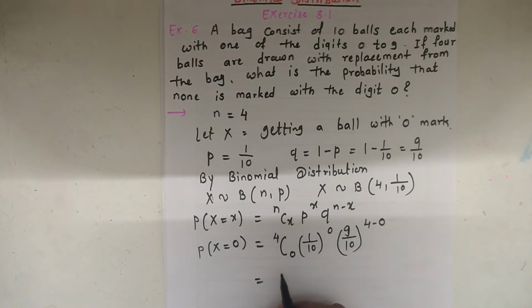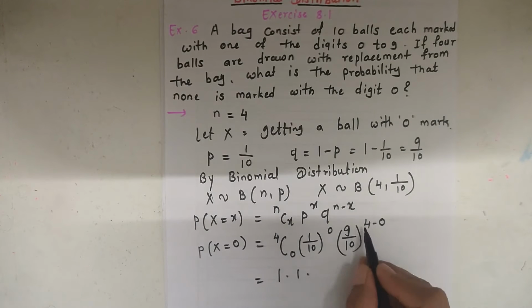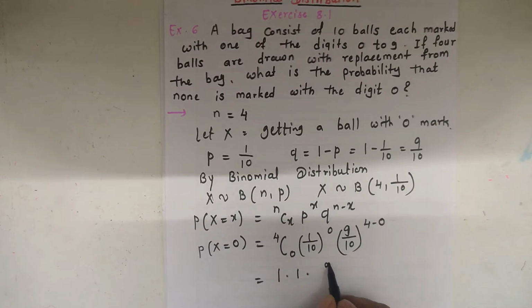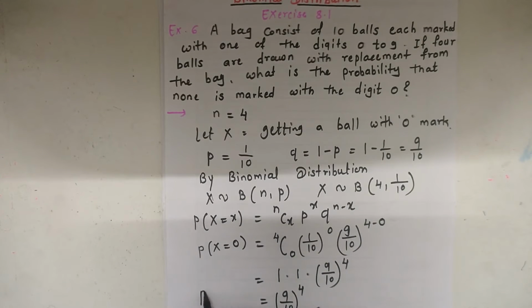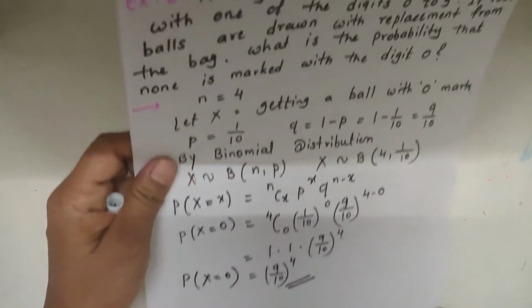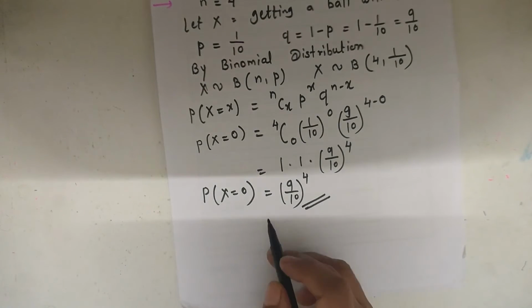Calculating this, 4C0 is 1, into 1 by 10 raised to 0 is 1, into 9 by 10 raised to 4 minus 0, that is 9 by 10 raised to 4. This is the required answer for the probability that none is marked with the digit 0. So the probability for x equal to 0 is 9 by 10 raised to 4.